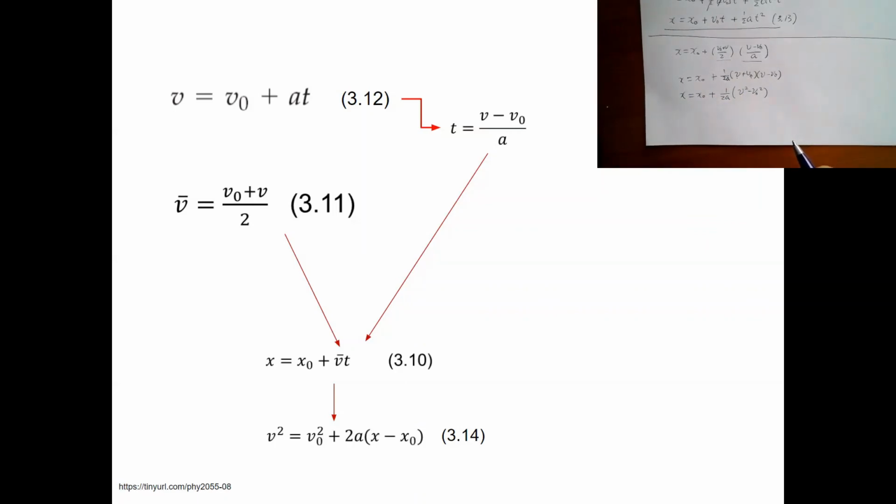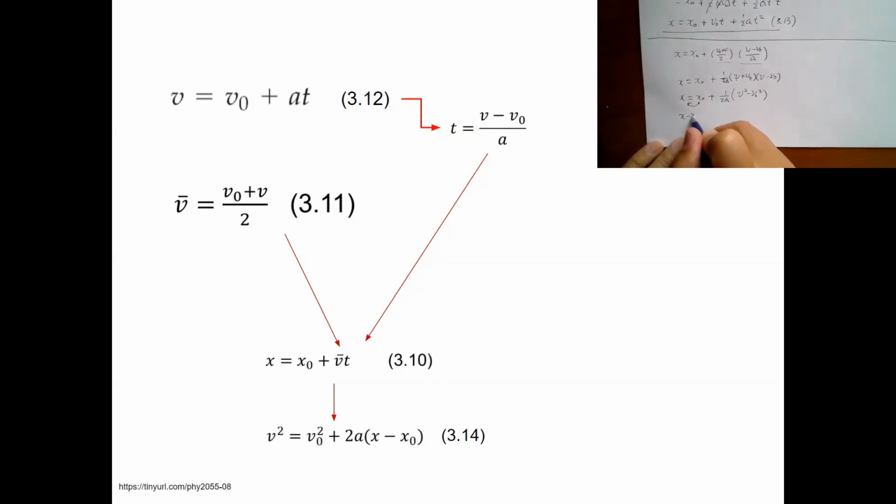Now you can move this to the other side of the equation. You can say x minus x naught equals 1/2a times v squared minus v0 squared. Then multiply both sides by 2a to get rid of the 2a there. So you'll have v squared minus v0 squared. Now add v0 squared to both sides of the equation.